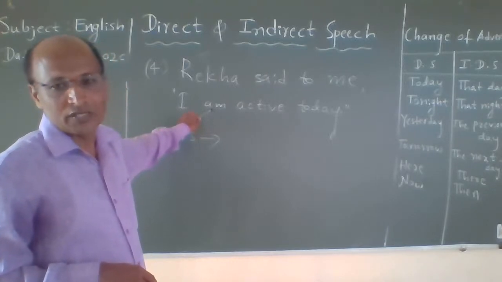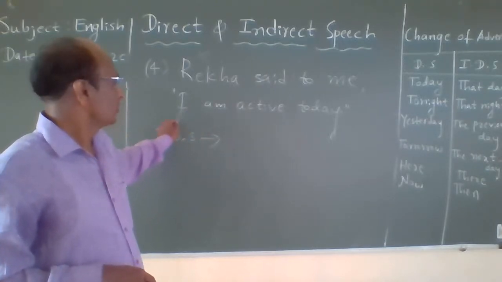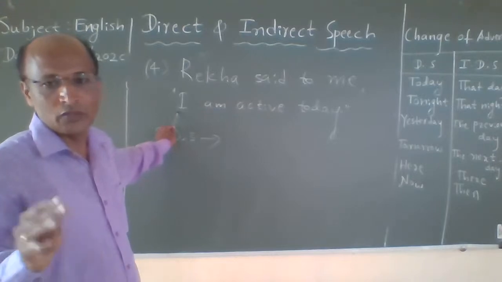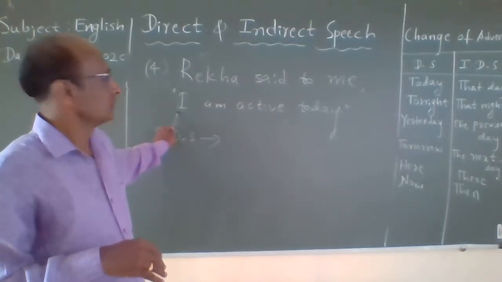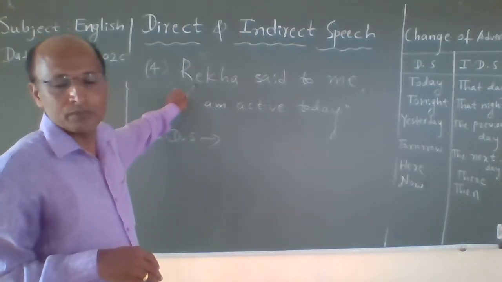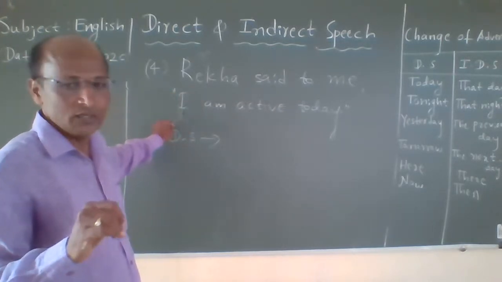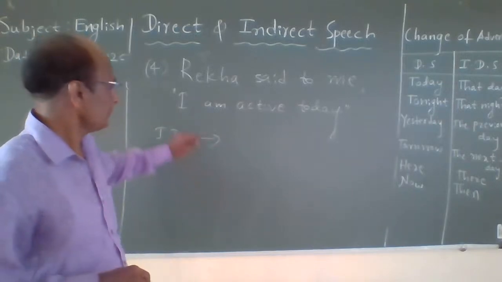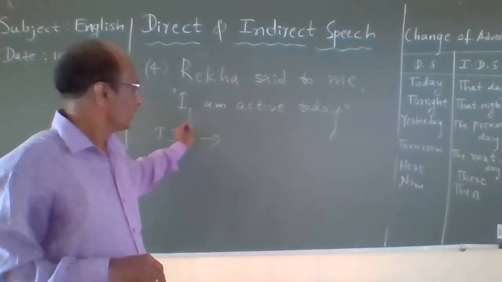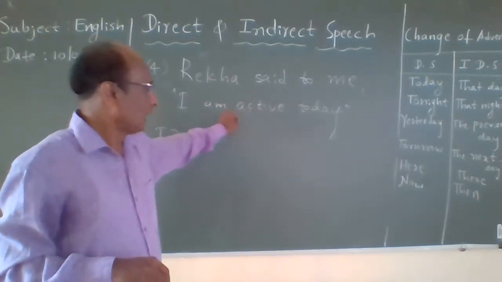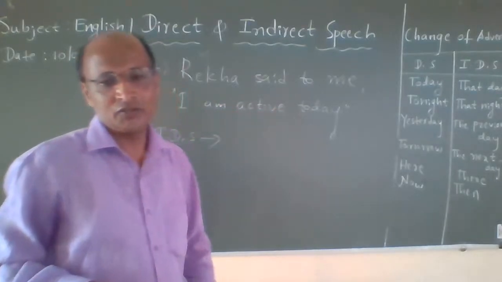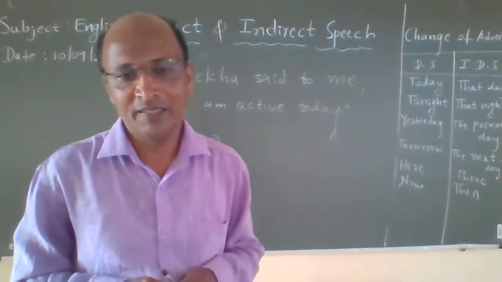And am changes to was. See, I belongs to Rekha. Instead of I, we should use she. Suppose in this place it was Pavan, instead of I, we should use he. Now am changes to was. She was. And today changes to that day.